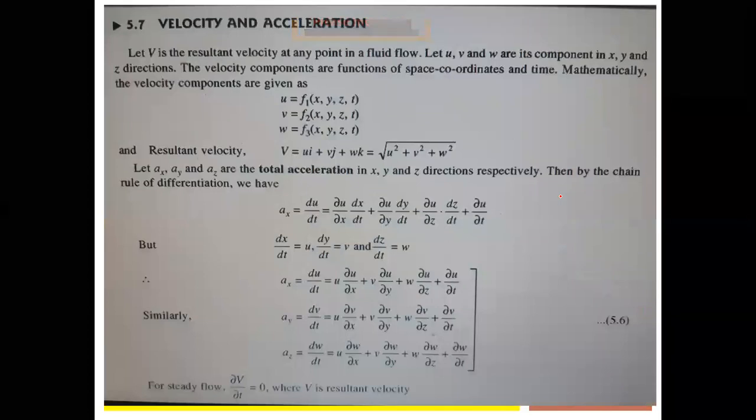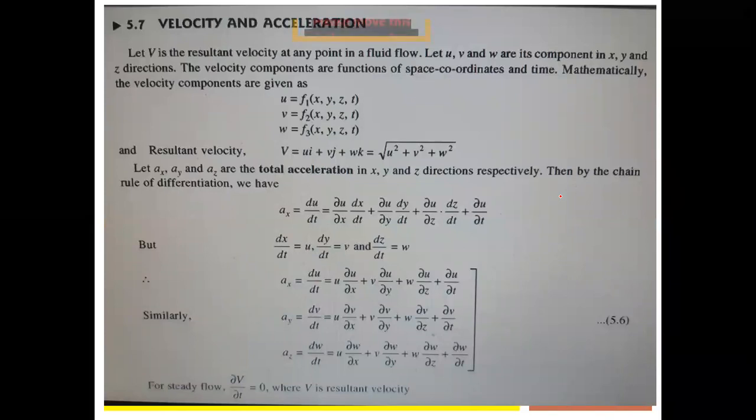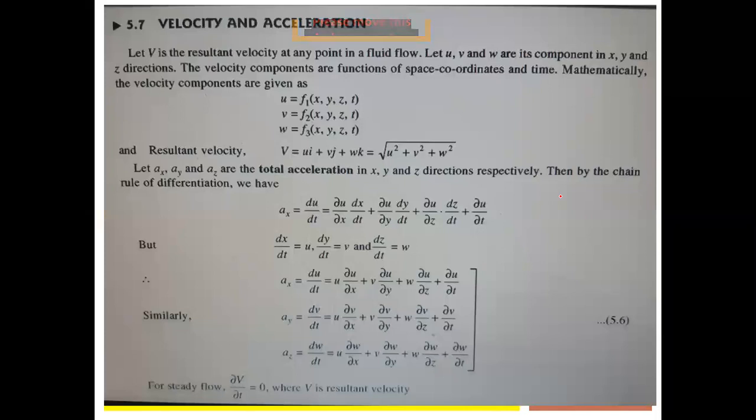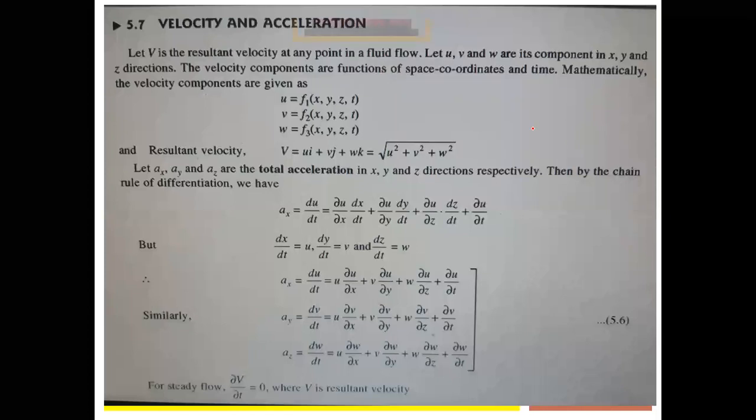Now the next topic is velocity and acceleration of the fluid. Now see the velocity. Let V be the resultant velocity at any point in a fluid flow. When a fluid flows through a body or a pipe, the resultant velocity at any point in the fluid flow is nothing but V. Now let u, v, w be the components in the x-axis, y-axis and z-axis. So in the 3 coordinate system we have u, v, w.